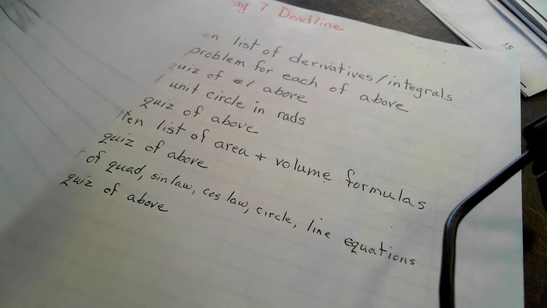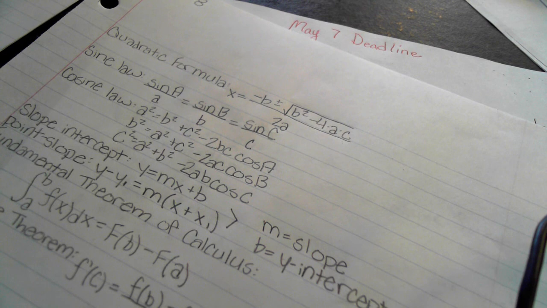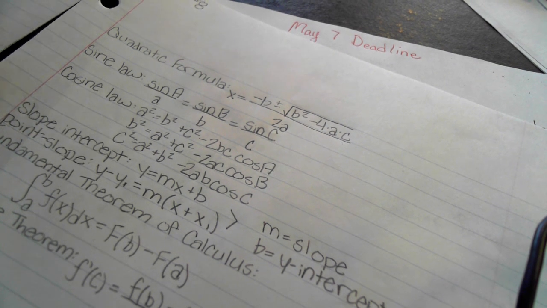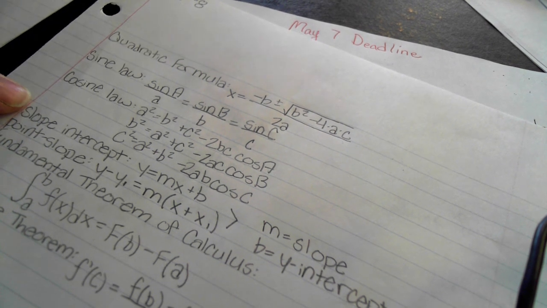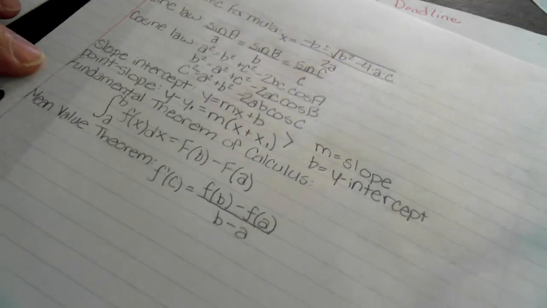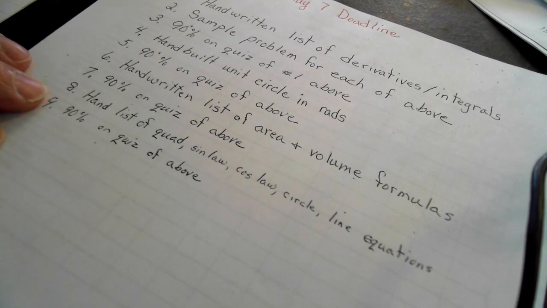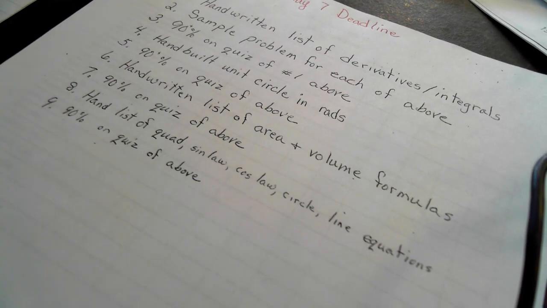That would be a list of important formulas, some of which you know already, like the quadratic formula, sine law, cosine law, the straight line formulas like y equals mx plus b, and the point slope one. And then we're putting a couple more on there, and soon that will be ready. So that's going to be worth a point for number 8. And then a quiz on that for point number 9, and I'll find one other thing yet, and it'll be a possibility 10 there for you.